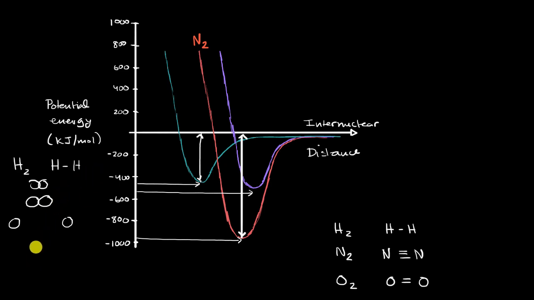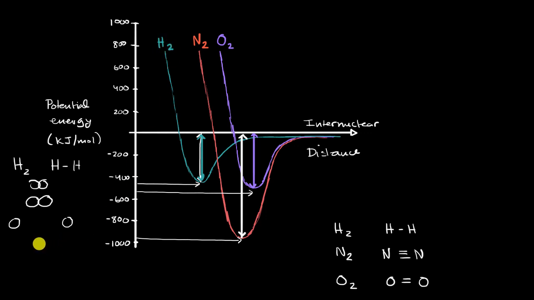Then the next highest bond energy, if you look at it carefully, looks like this purple one right over here. And so just based on bond order, I would say this is a good candidate for O2. And then the lowest bond energy is this one right over here. Just based on bond order, it's just a single covalent bond, so this looks like a good candidate for diatomic hydrogen.